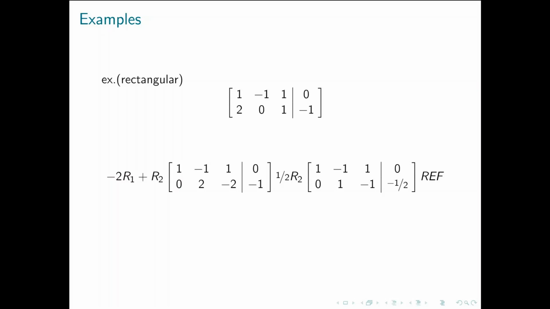So to begin with, in this beginning matrix, this 1 and this 0 constitute the main diagonal. And then the sole term that's under the main diagonal is this 2. To make it a 0, I multiply row 1 by -2 and add it to row 2. And this term is a 0. Okay, now to get this to row echelon form, I just multiply row 2 by a factor of 1/2 to make this entry in the main diagonal a 1.